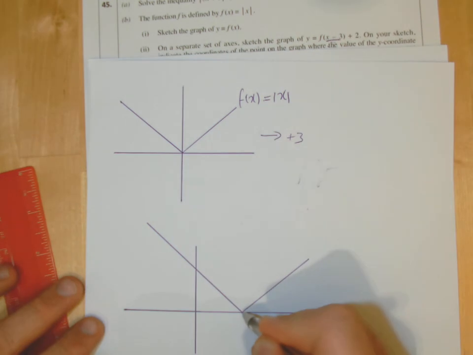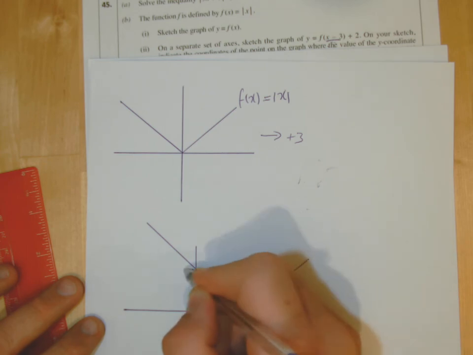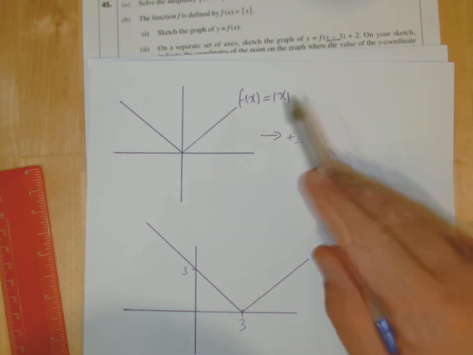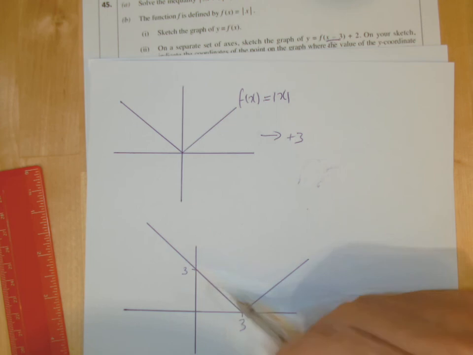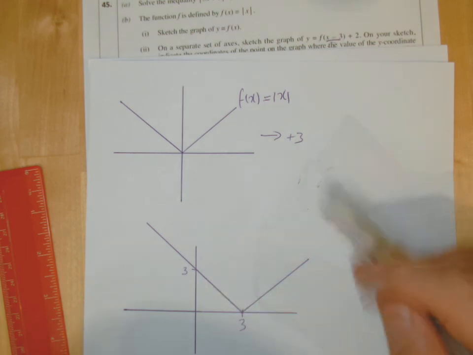So now this here will become 3. The other thing you might notice, this is also going to be 3, because of the symmetry involved, because it's y equals x. That's what's going to actually occur in this particular case here.